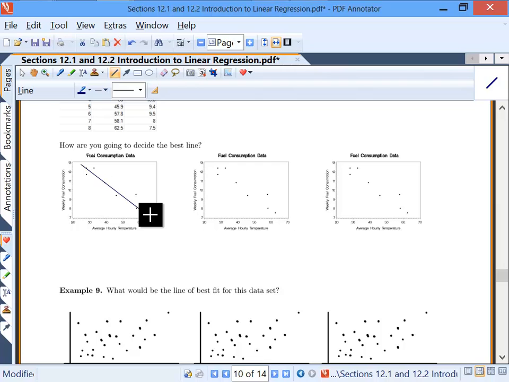Did everyone draw the exact same best line as I did? Okay, pretty close, maybe something like this, or maybe something like this. For that data set, we're probably all fairly close.